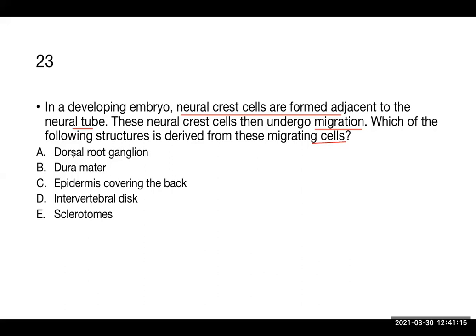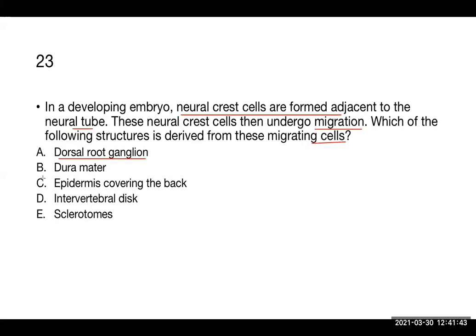Now, this dorsal root ganglion is associated with which structure? Where is it present? Spinal cord, sir. It's present in the spinal cord, receives all sensations, and it is continuous with the posterior part of the spinal cord.